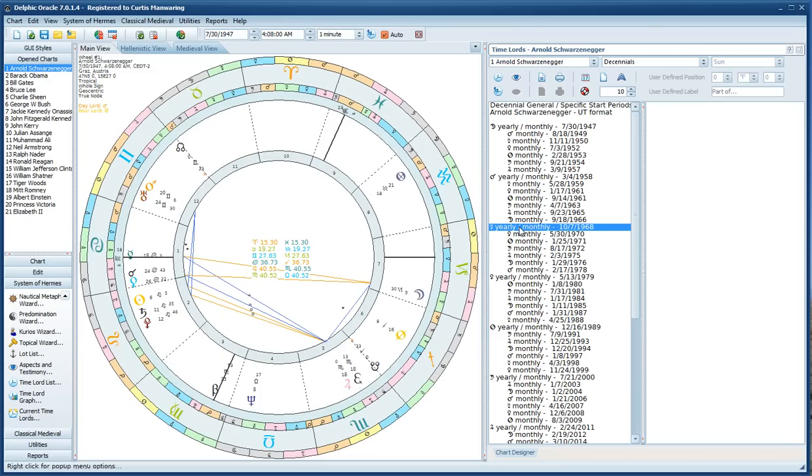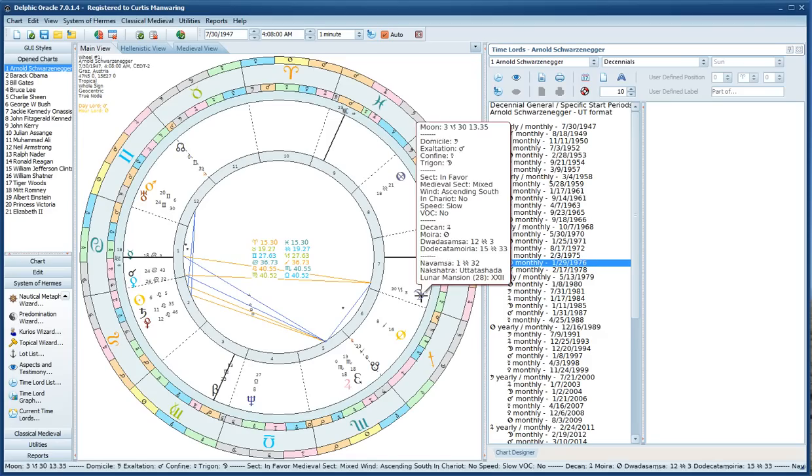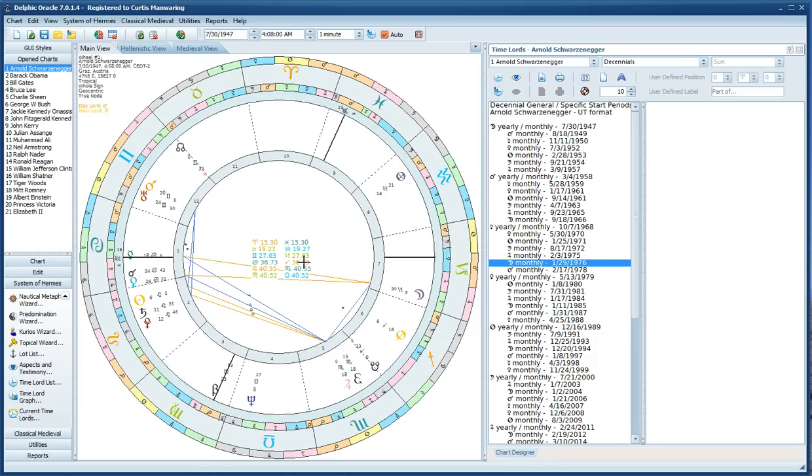Now, since Mercury is in the sign of Cancer, it's either when the sub-period is the moon or Jupiter. So we can say that somewhere around here, particularly the domicile lord, the moon is in the 7th. When he comes to this period, that's when he meets his wife, Maria Shriver, future wife, I should say, at that time.